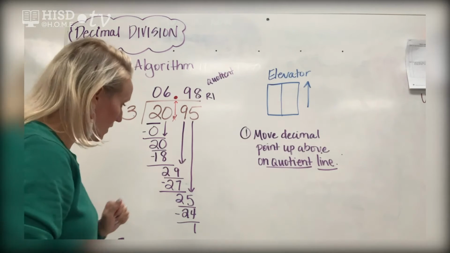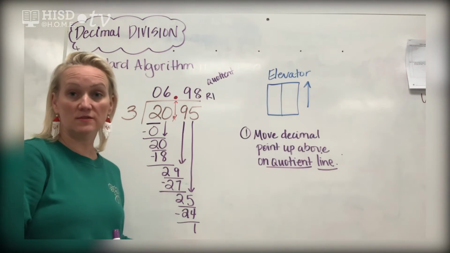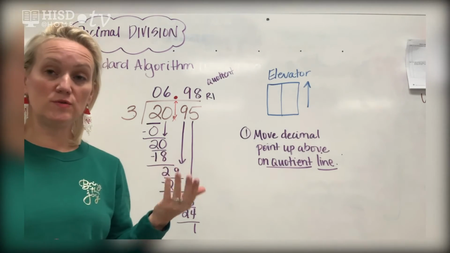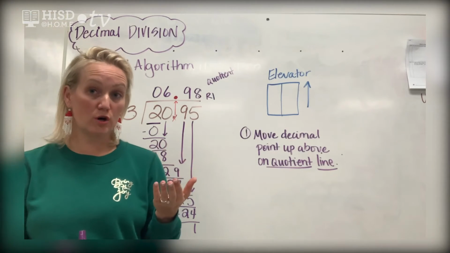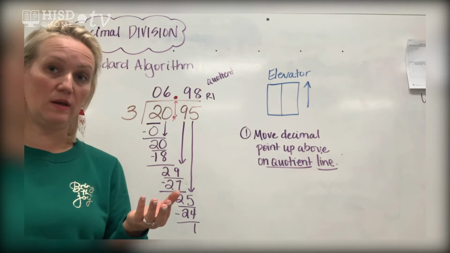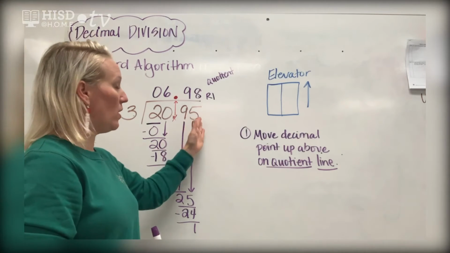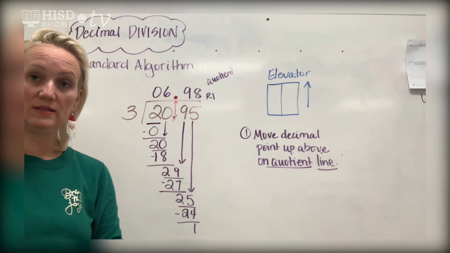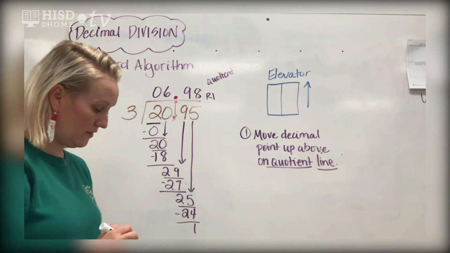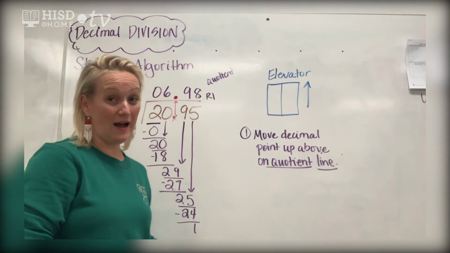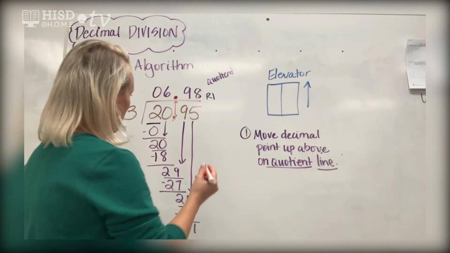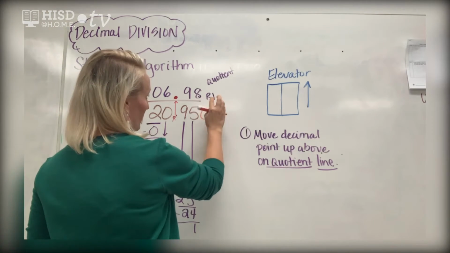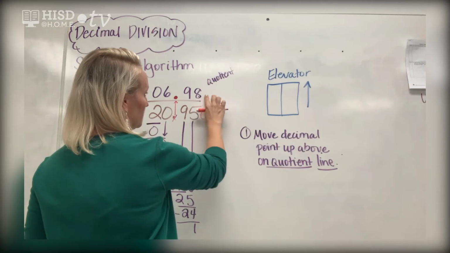Remember, we're working with decimals. So when this happens in a division problem, you actually do something that hopefully will jar your memory of something we learned at the beginning of the year, and that is when you add zeros to the right side of a decimal, it does not change the value. So I can actually do something interesting. So I'm going to erase this because this is not correct.